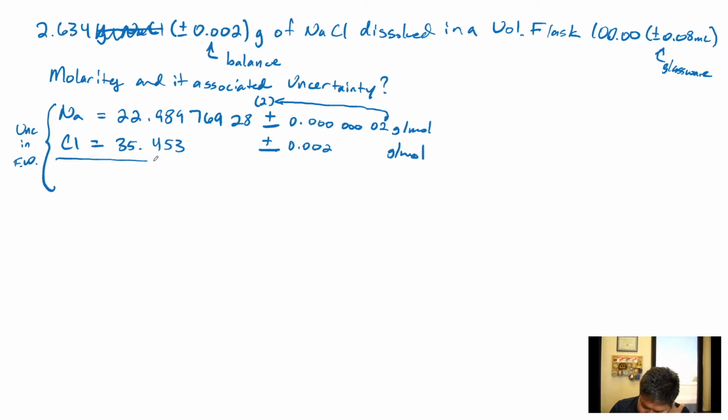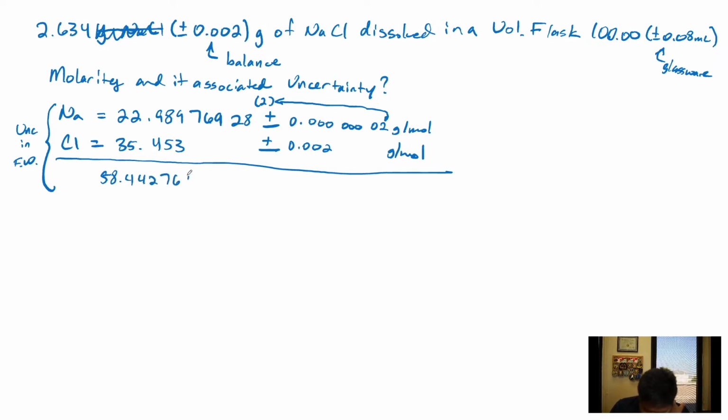Cool. Then we'll just do some simple addition for the formula weight here. And we'll try not to mess up and say molecular weight, but the formula weight. So 58.4427928 plus or minus.